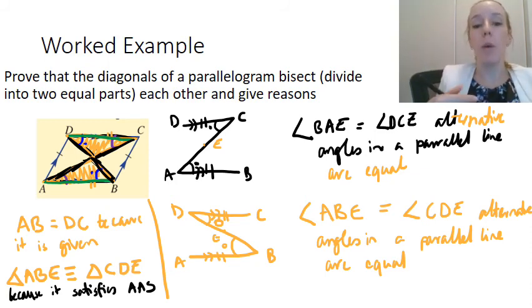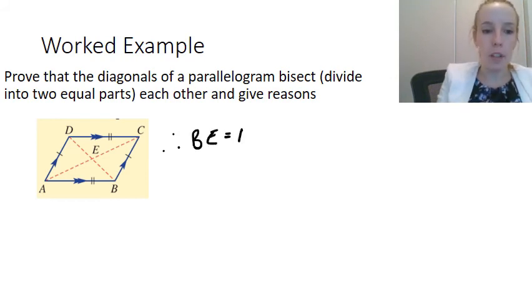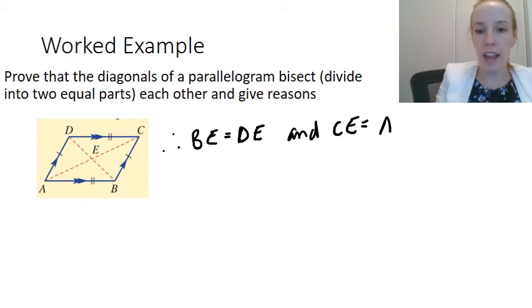So for that reason, we know it has to bisect this. So obviously you'd keep all this working and go down the page. I'm going to have to clear my page to make it clearer. So therefore BE has to be equal to DE, and CE has to be equal to AE.